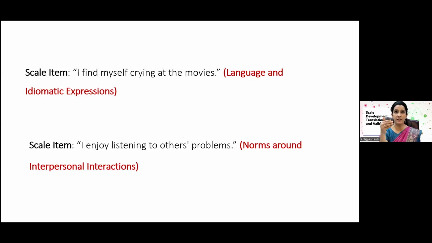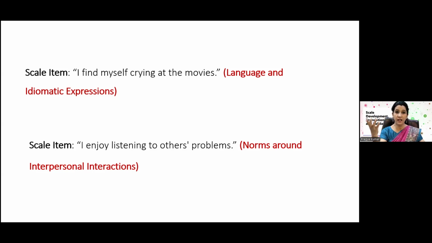Again, take another scale item for empathy: "I find myself crying at the movies." In a movie there are many times a very emotional scene and people start crying. But if you ask this question of a male, he might think that a male is not supposed to cry.